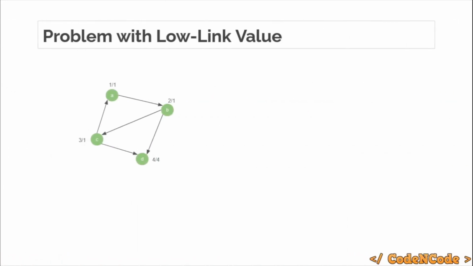So the problem with low link value is this. The low link value heavily depends upon the order of DFS. In this graph, from the main function, we did a single DFS call to node A only, and that was able to traverse the whole graph. Sometimes you have to do multiple DFS calls from the main function for the whole graph to get visited.